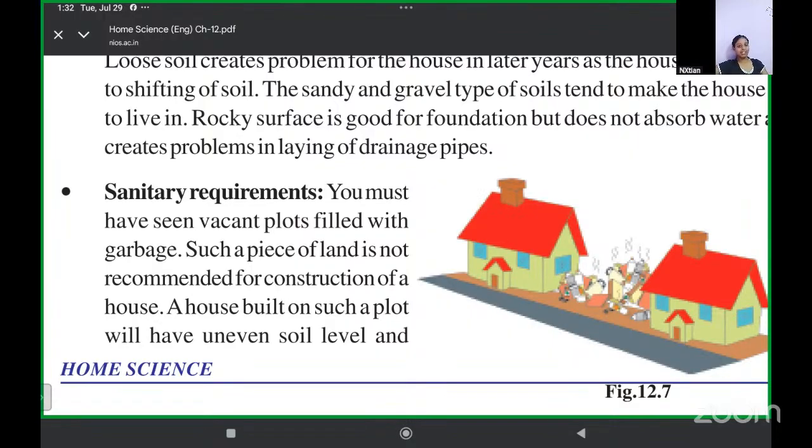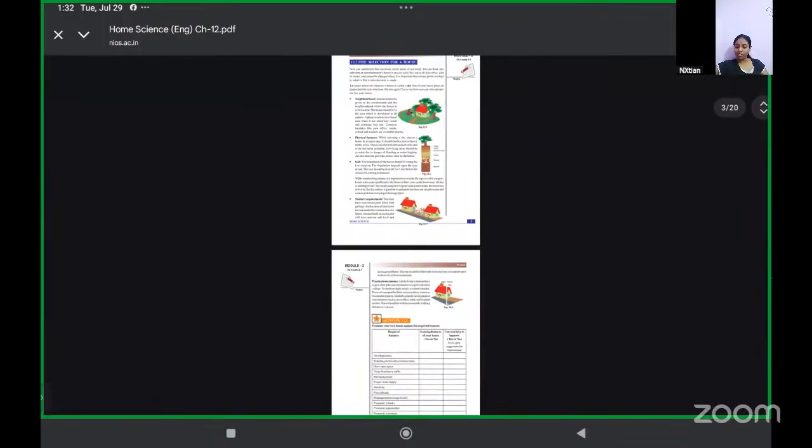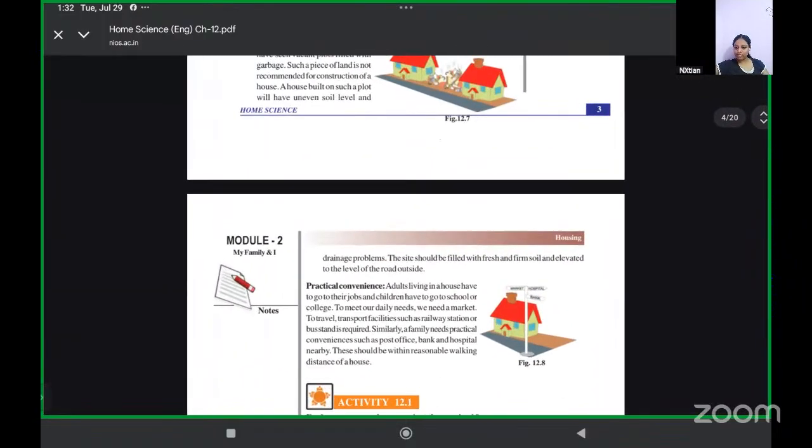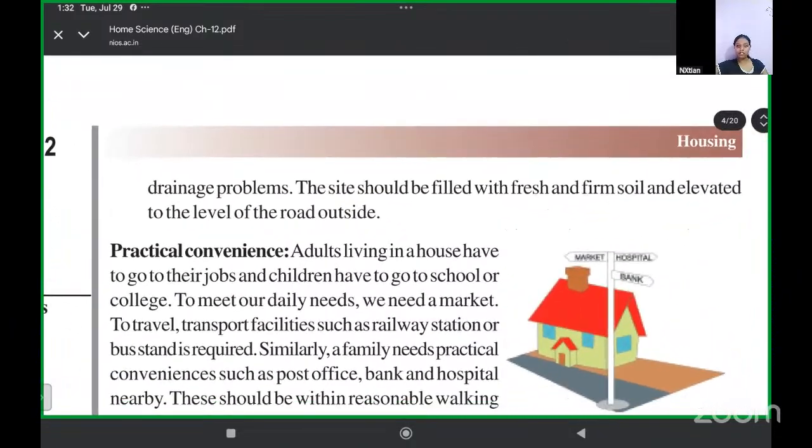The soil will be uneven, and also there would be drainage problems because something is going to be there beneath the soil that will cause your drainage problems.